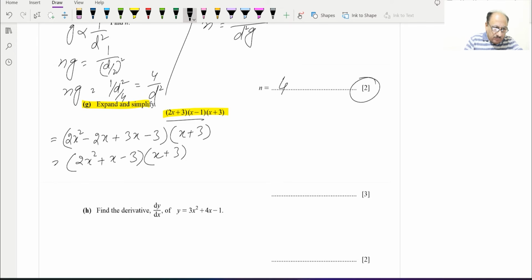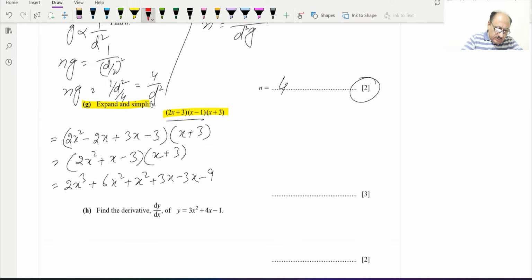Now again we can multiply. 2x squared multiplied by x will be 2x cubed, then 2x squared multiplied by 3 will be plus 6x squared, then x multiplied by x will be plus x squared, x multiplied by 3 will be plus 3x, and minus 3 multiplied by x will be minus 3x, and minus 3 multiplied by 3 will be minus 9.